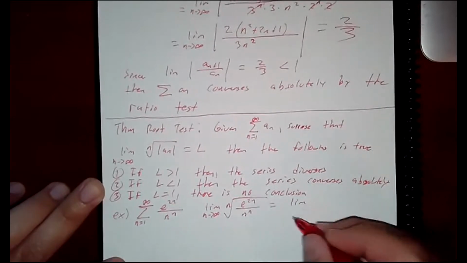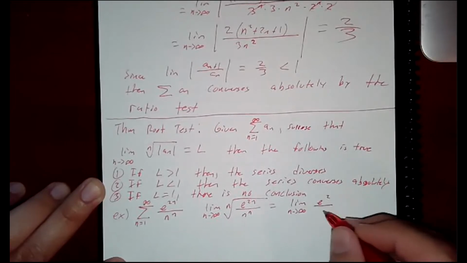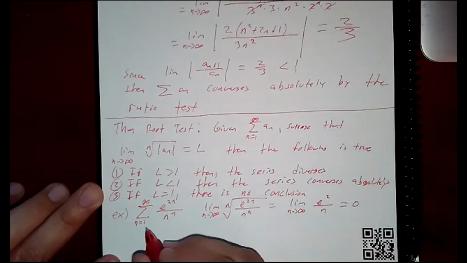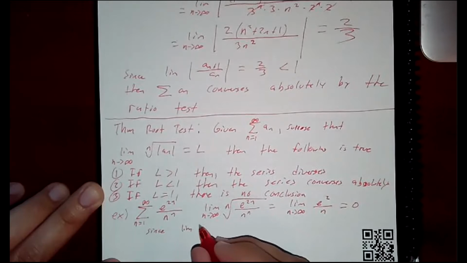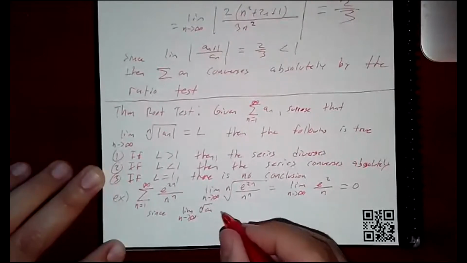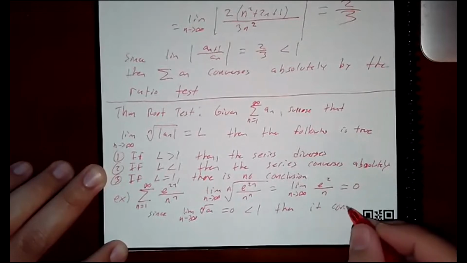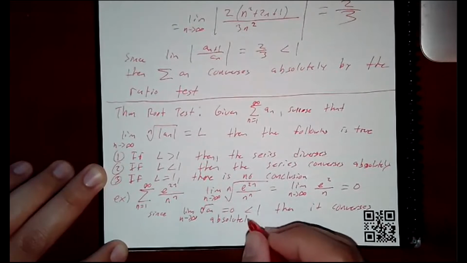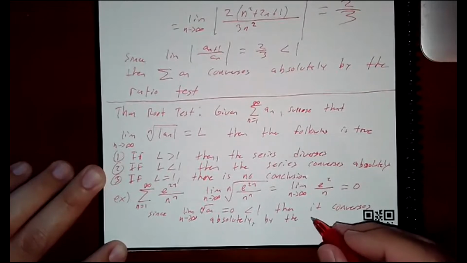This will leave you with the limit as n goes to infinity of e squared over n, which would be equal to 0, right? So since the limit of the nth root of a_n as n goes to infinity is equal to 0, which is less than 1, then it converges absolutely by the root test.